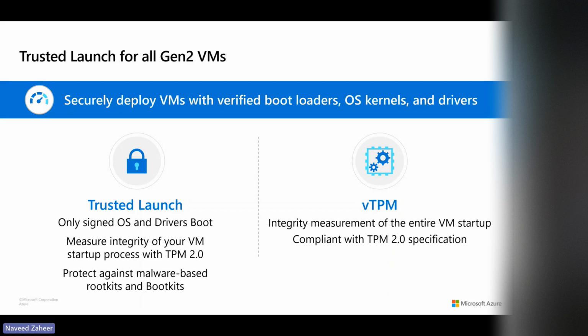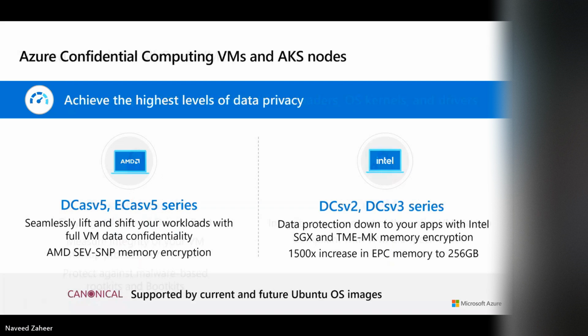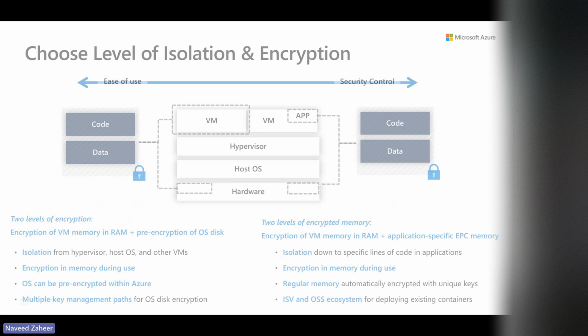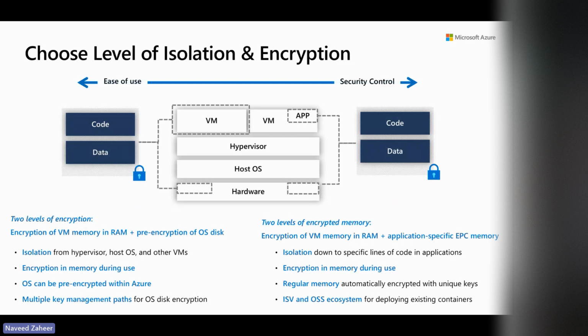So this is the simplest way. These are the machines that you can use to do that. There is support both from AMD as well as from Intel to provide this capability. But a number of customers are using containers. They're not using VMs. So how do they do that?